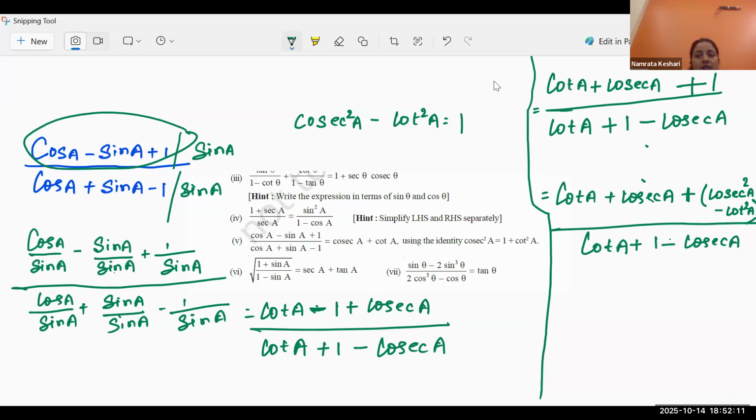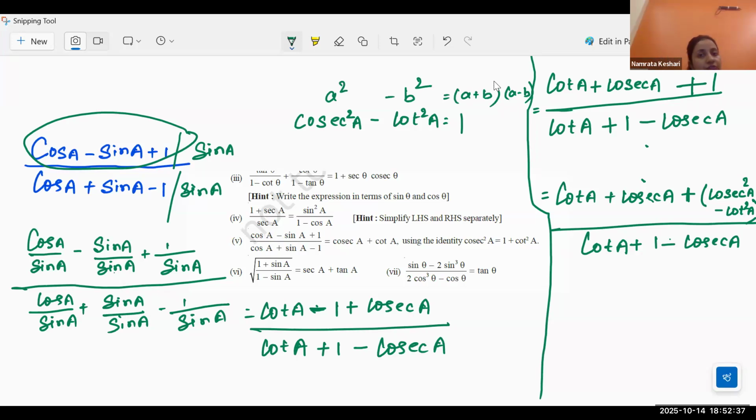Now the numerator, we have written cosec square a minus cot square a. Does it look like a square minus b square, or x square minus y square, which says that a plus b in one bracket and a minus b in another bracket? So for this cosec square a, if you are thinking how can we write that, cosec square a means cosec a complete square.